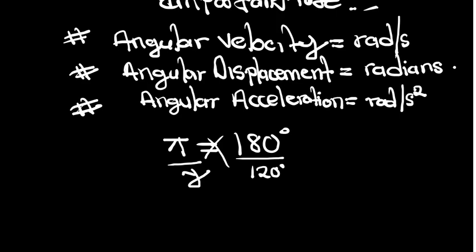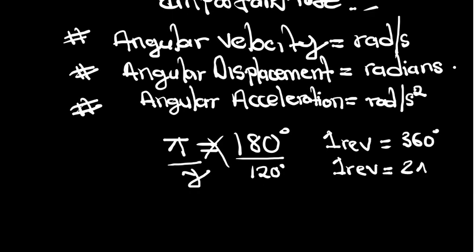You might be given revolutions. A complete revolution, like a circle, is 360 degrees. Meaning that one rev is also equal to 2 pi, because pi is 180, times 2 is 360.